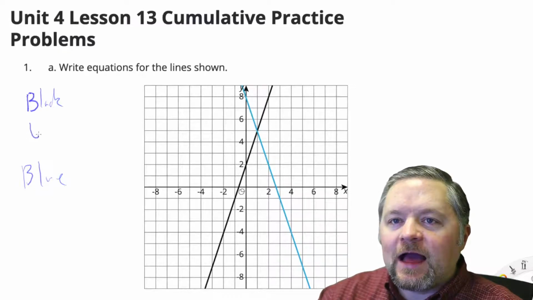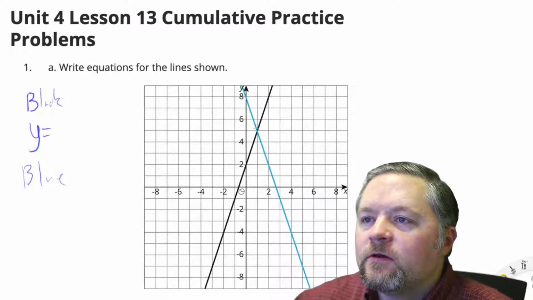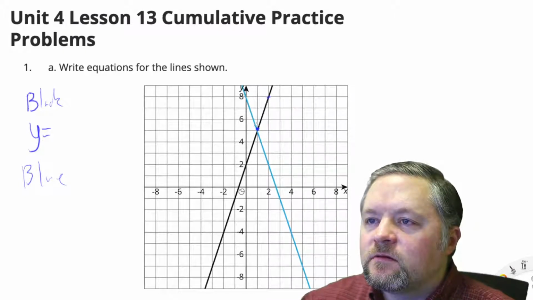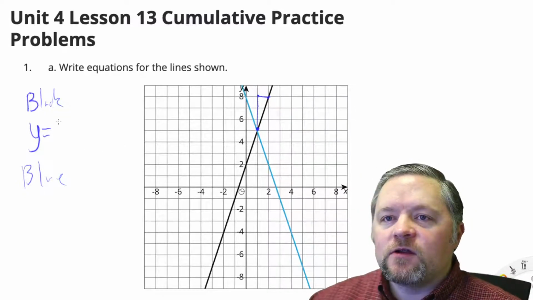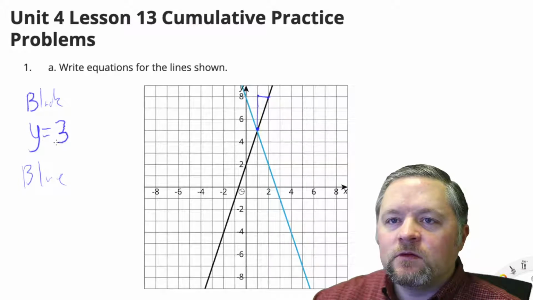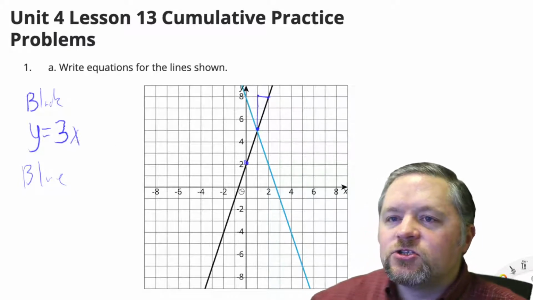For the black line, if we find a couple of nice points, it looks like we have a rise of 3 and a run of 1. 3 over 1 is 3. Our y-intercept is 2.